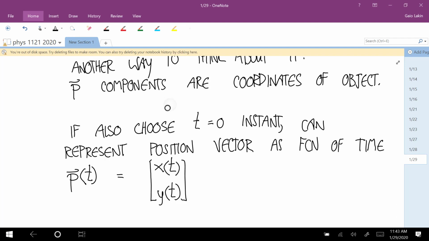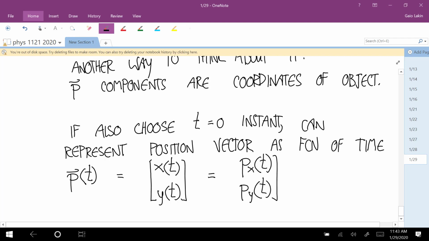Sometimes you'll also see it as px, the x component of the position, and py as a function of time. Those mean the same thing. Any questions about that?